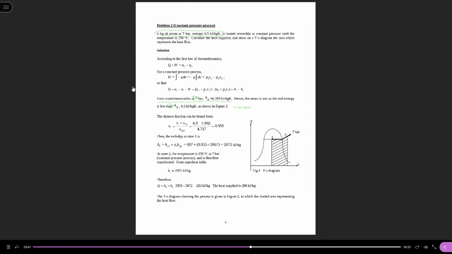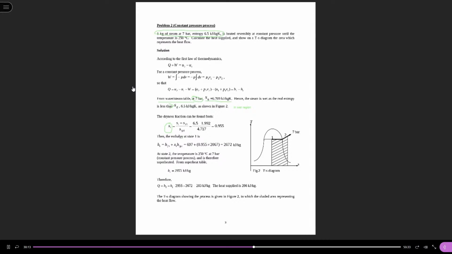If it's in the wet region, usually we need to calculate the dryness fraction, so we can derive other properties accordingly. So then we calculate the dryness fraction.